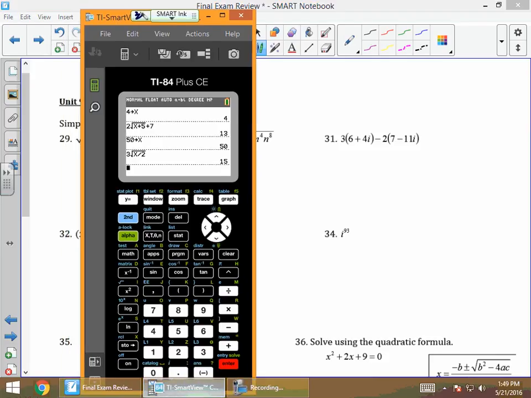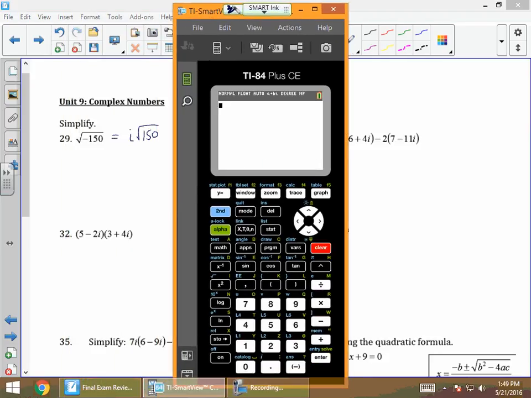If you remember from our last video, we did that by going to y equals 150 divided by x squared, since this is a square root. Let's look at the table. The table shows I can see a 1 radical 150. The next whole number down is a 6, so I have 5 radical 6.